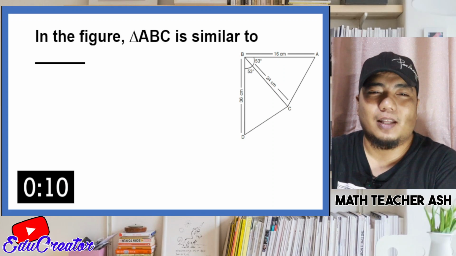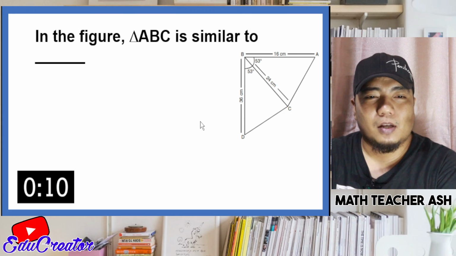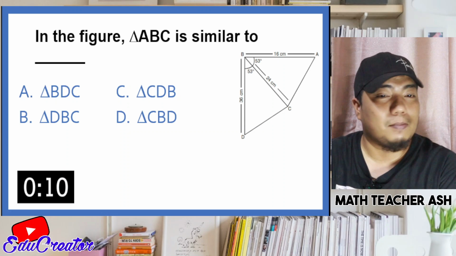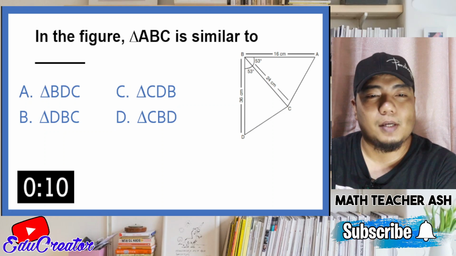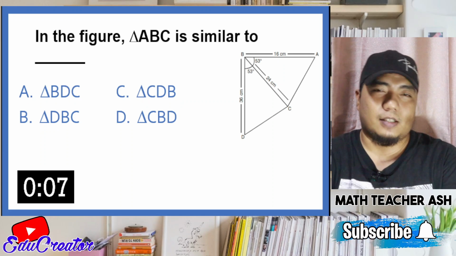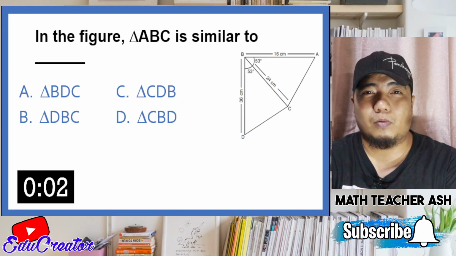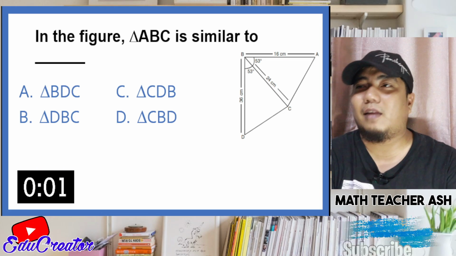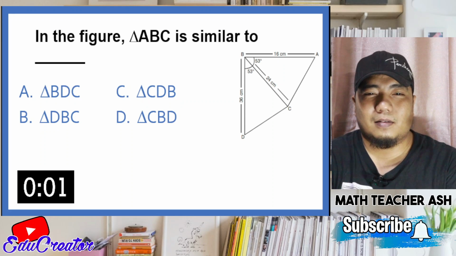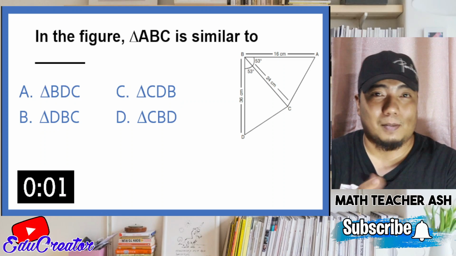In the figure, triangle ABC is similar to, okay, so this is our figure, my dear math learners. Is it A, triangle BDC, B, triangle DBC, C, triangle CDB, or D, triangle CBD? Okay, 10 seconds for that question. Basically, as you know, you may be confused that however you name a triangle, it is still the same as long as the points are connected.